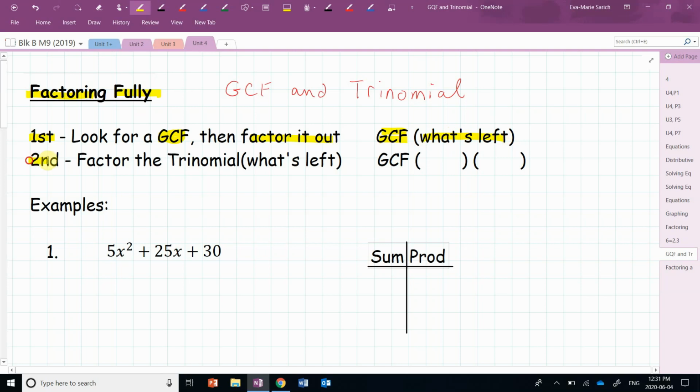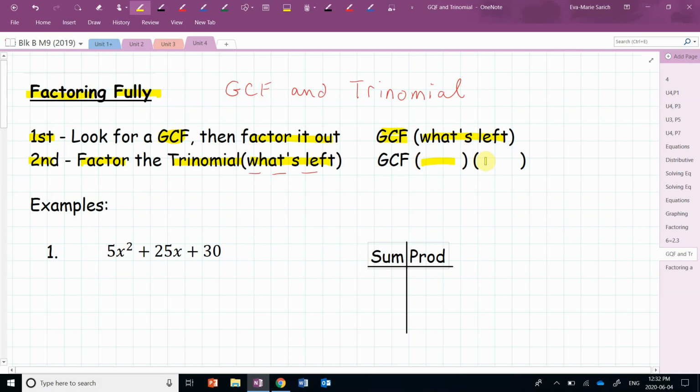Now, the second step is to factor the trinomial, and the trinomial is going to be inside the bracket. You're going to have a trinomial that's left there. And remember that trinomial was broken down into two binomials. So what's left was one bracket with a trinomial.